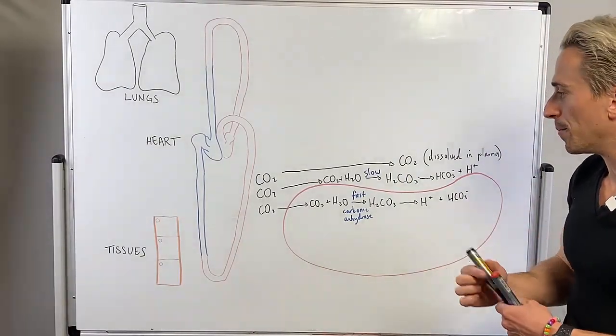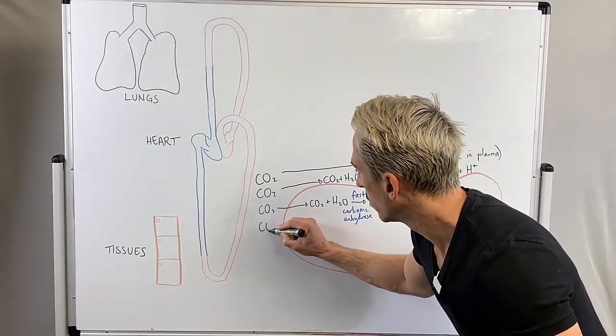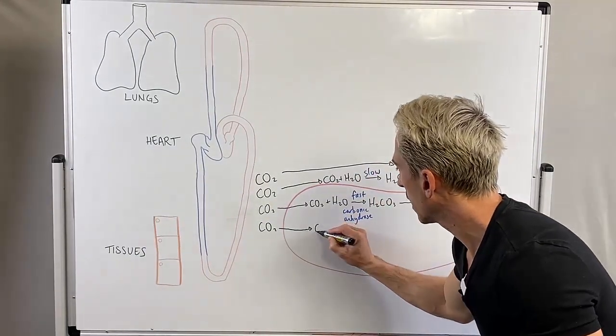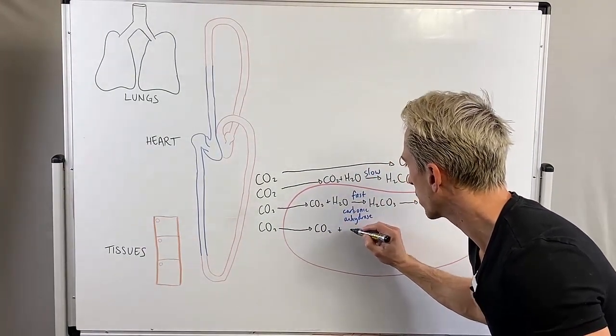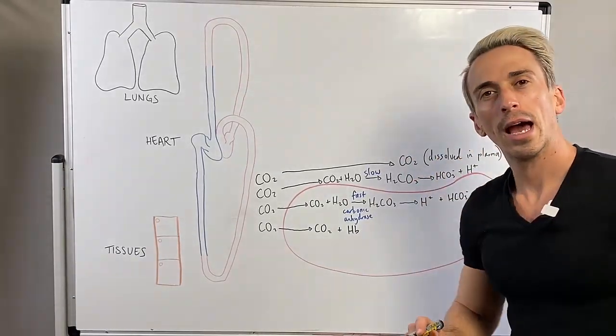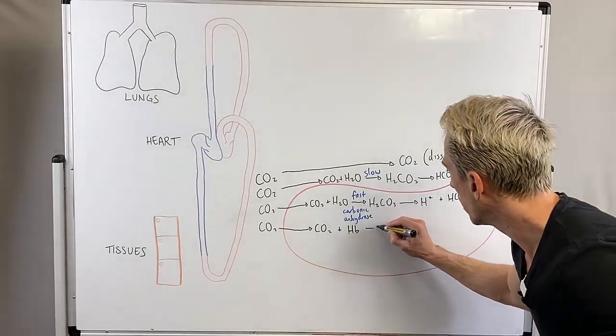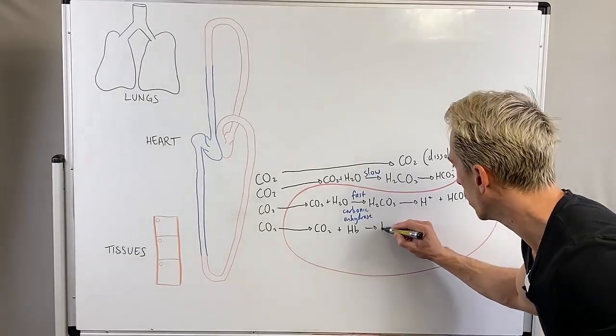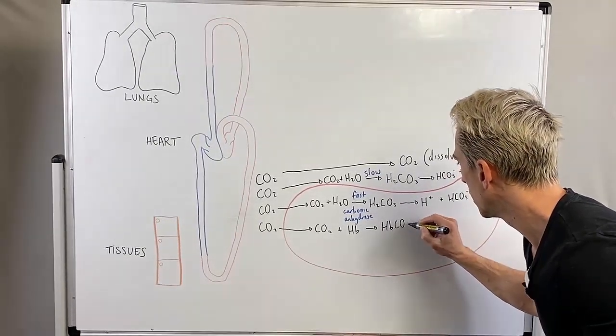But there's another way. Carbon dioxide, when it gets into the red blood cell, can just bind straight to hemoglobin, which we can write as HB, like that. And what we have is carbaminohemoglobin, that's what it's called. So there's HB, CO2.